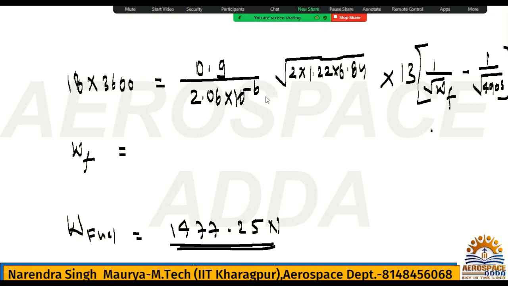Then this value plus, in bracket 1, root. In the calculator directly I am calculating, so let us check what value they are getting. 4905.